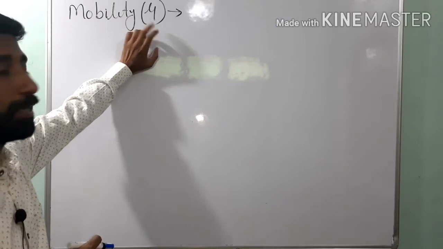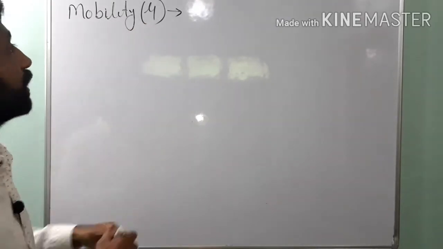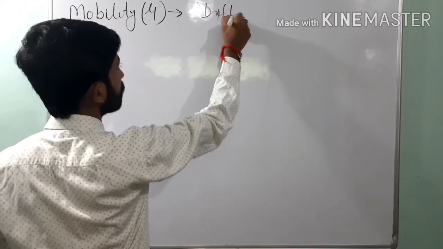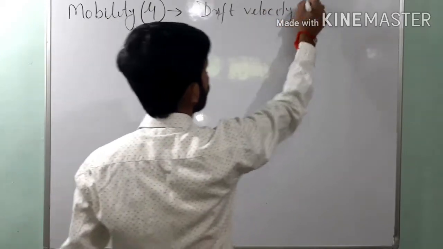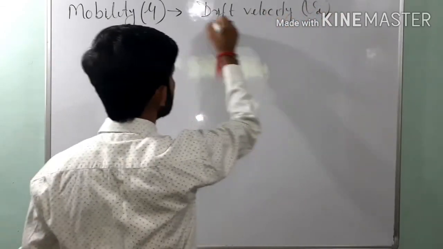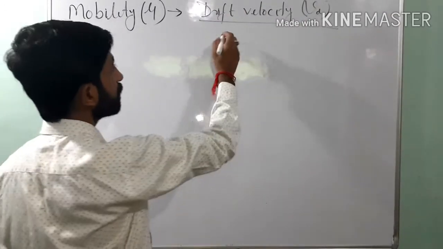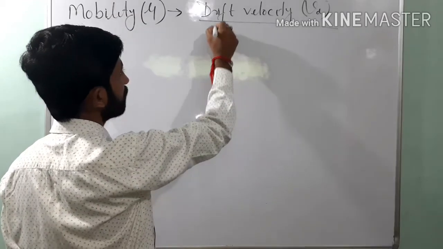This is denoted by a Greek symbol that is known as mu. Mobility is defined as the drift velocity Vd acquired by any charged particle per unit applied electric field.